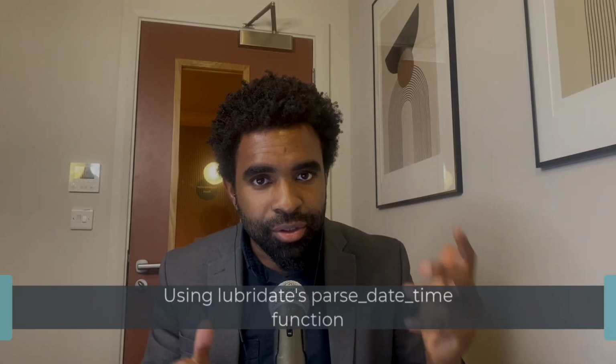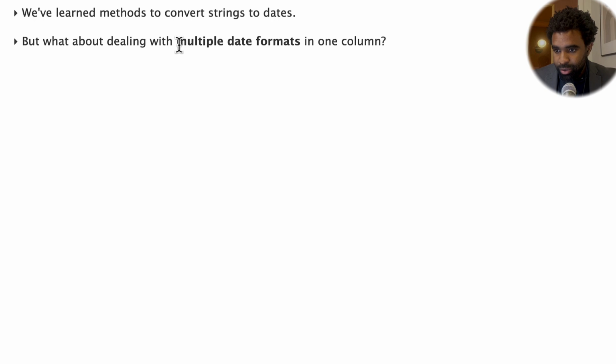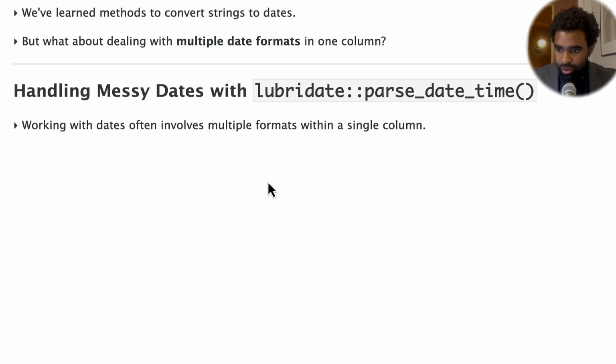So now we've seen how to convert strings to dates, but how about when you have multiple date formats in a specific column? How are we going to deal with these multiple date formats in a single column? Well, to do this, we're going to introduce the lubridate parseDateTime function. This will help you handle messy dates. And this is very useful because working with dates often involves working with multiple formats within a single column.